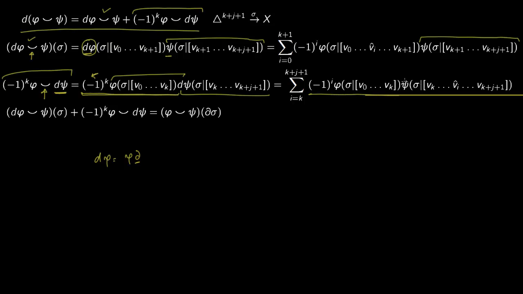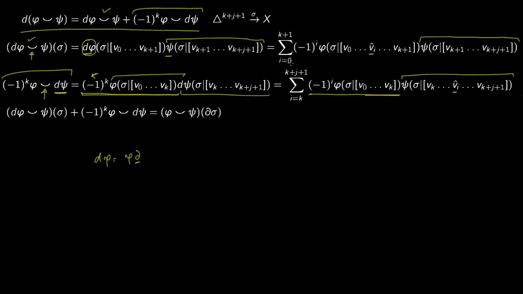For the second part you put this partial. So that's what we have done for the second part. So we have this. Again, the ith vertex is missing here too.